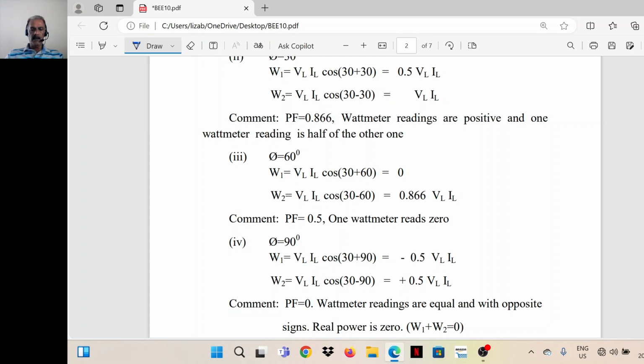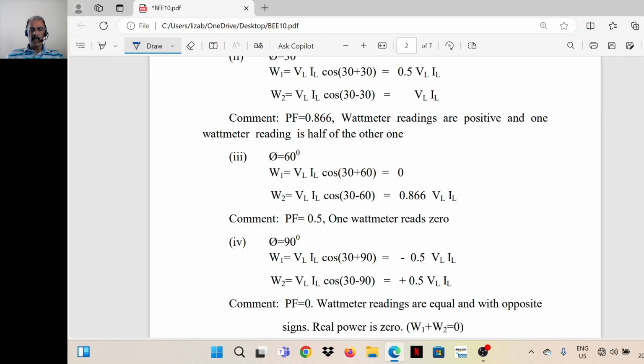So when phi is equal to 90 degree, W1 is VL IL cos(30 + 90), that is minus half VL IL. W2 is VL IL cos(30 - 90), VL IL cos(-60), that is 0.5 VL IL. That means both the wattmeter readings will be equal in magnitude, and one wattmeter will read negative.